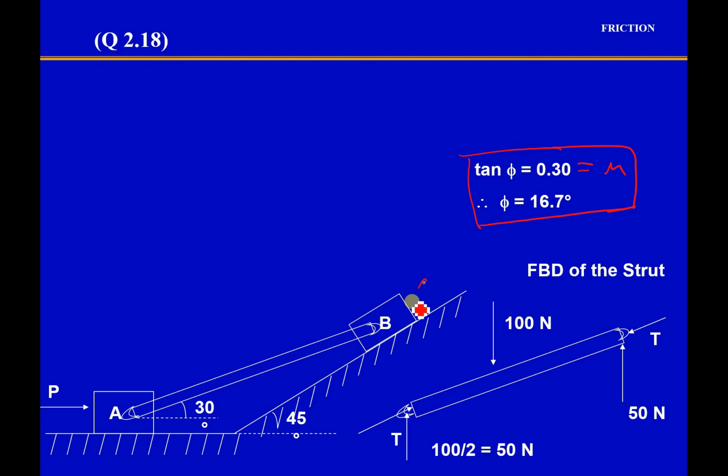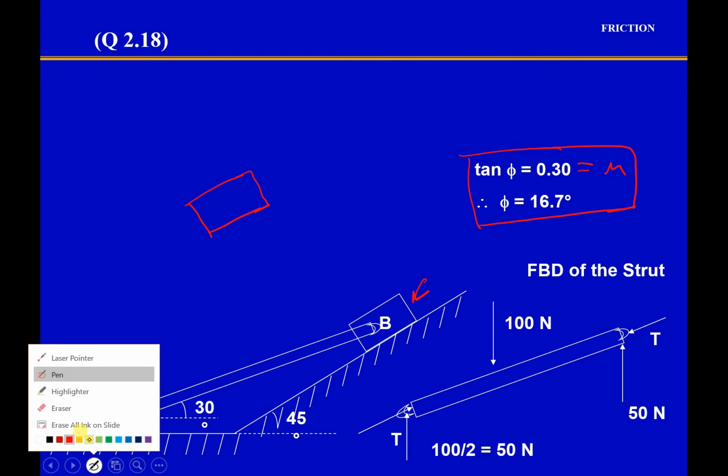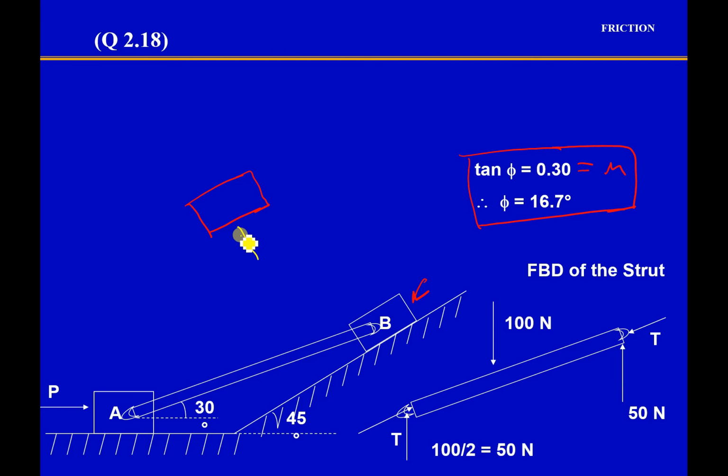Now we will draw the free body diagram of B. How can we do it? Let us see the forces once again. So this is the body B, and there is going to be a normal reaction which is perpendicular to the support. This is N. Since this is an impending motion this way, the frictional force is going to be this way, right?